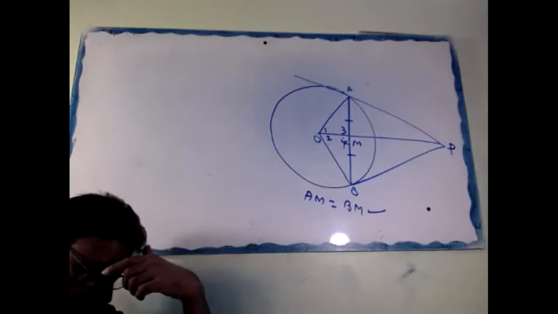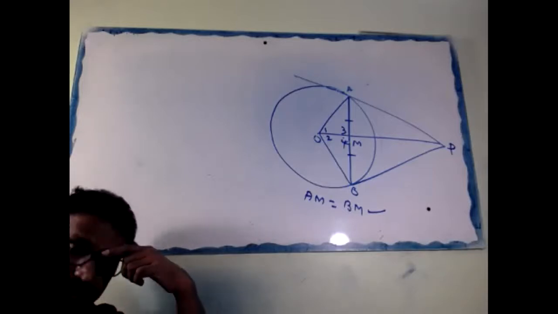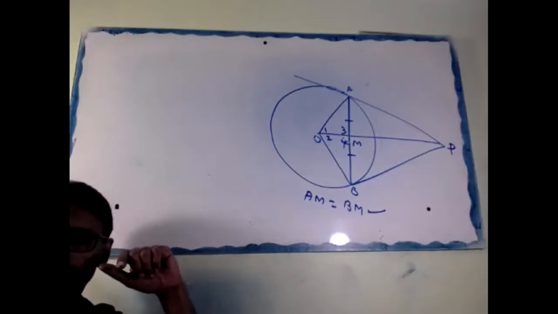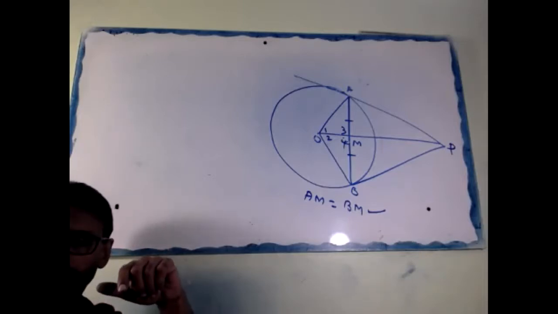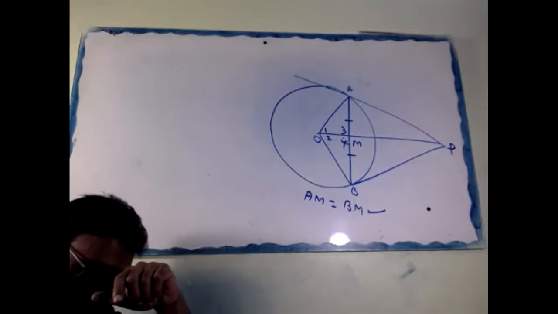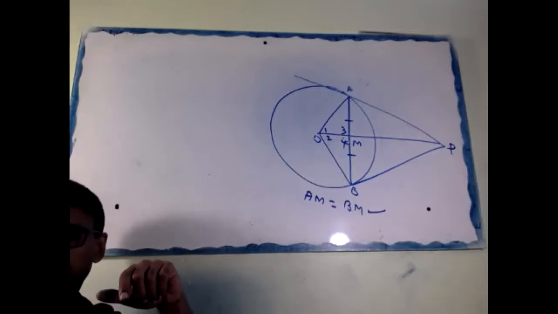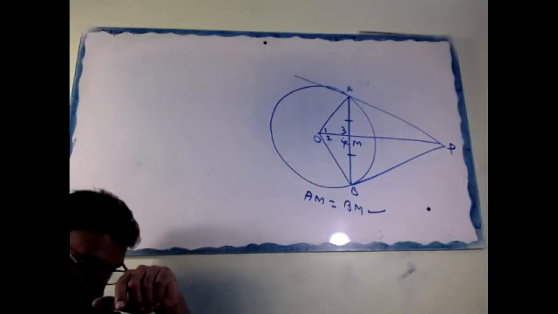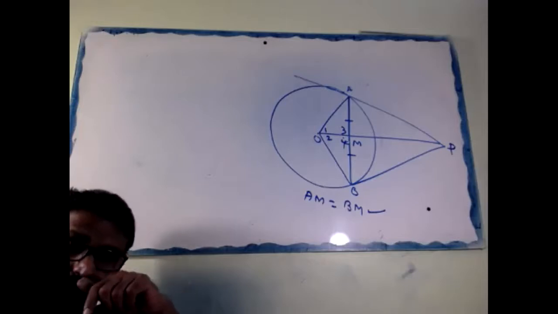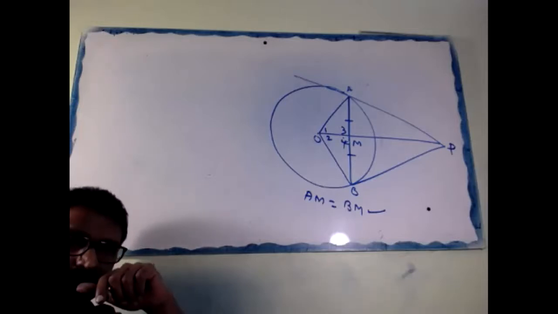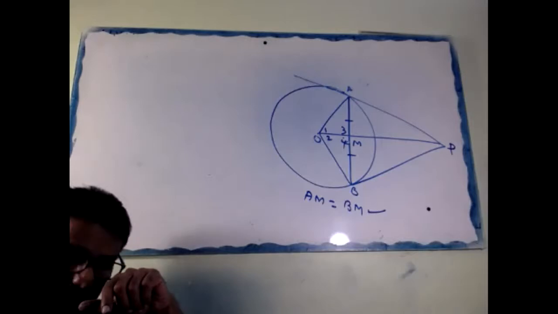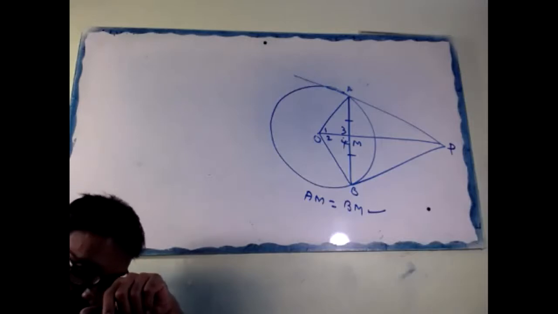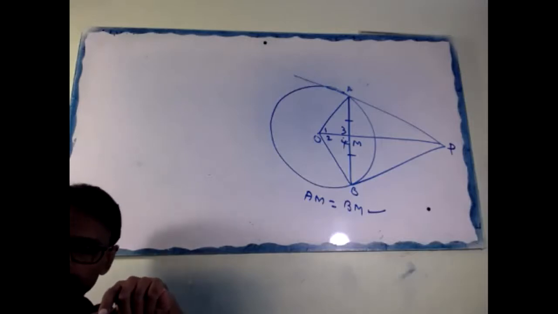Okay, once again. ABC is a right angle triangle, right angle at A. A circle is inscribed in it.